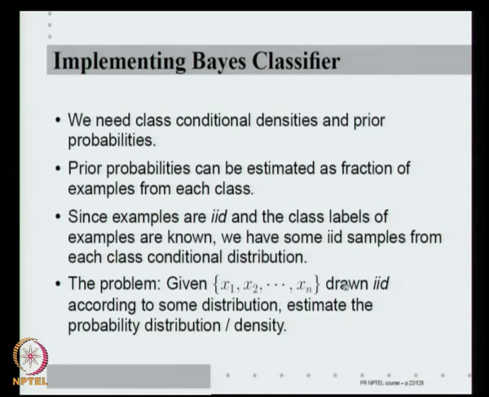Now I do not have to look at the 2 classes together. If I can estimate the class conditional density of one class, I can estimate it for the other class. So, my problem simply is: given a density function, and n samples drawn independently from it, how do I estimate the density function?